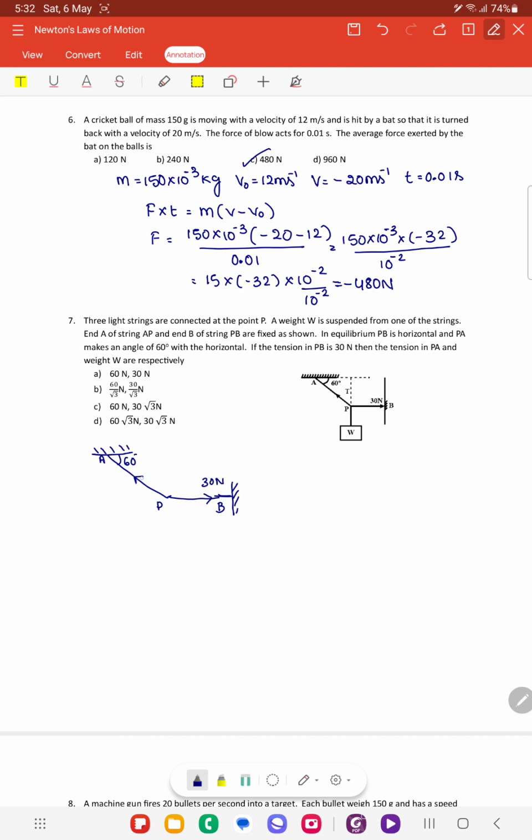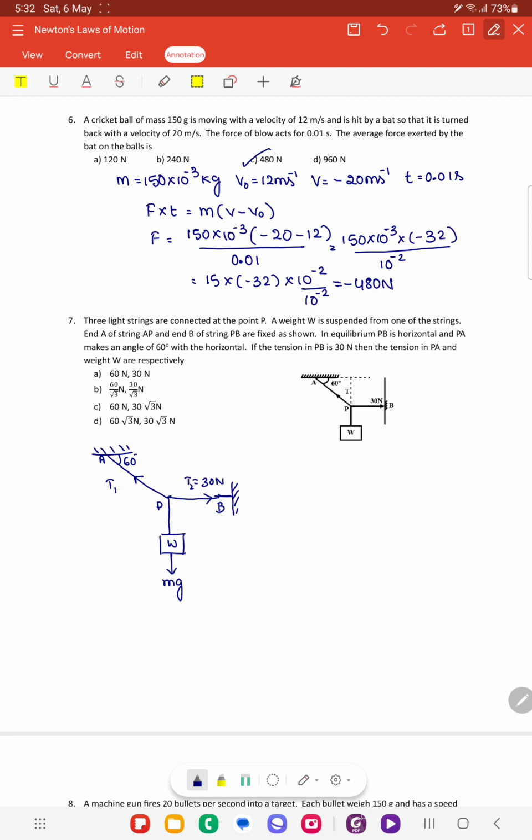Along AP the tension acts towards the support; let us call it T1. Here the tension T2 is 30 Newton. The weight is suspended vertically downwards, acting in the vertically downward direction as mg. So this is the weight.